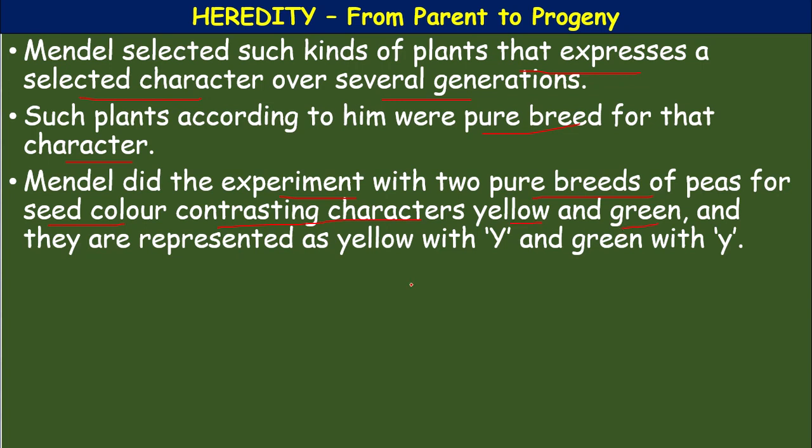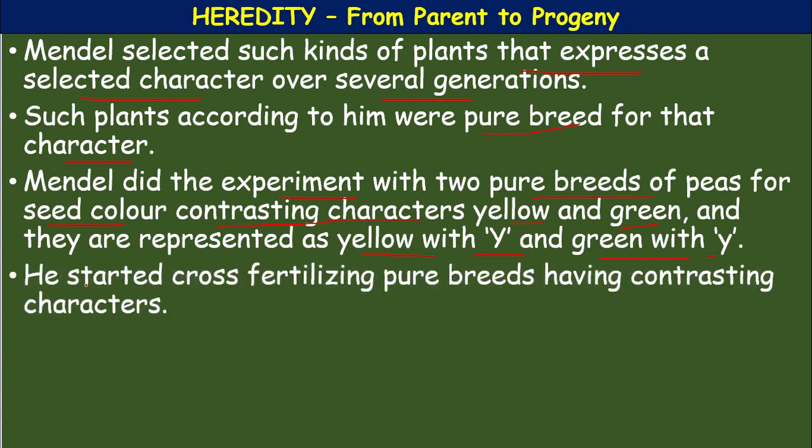They are represented as capital Y for yellow and small y for green. So, he started cross fertilizing, cross pollinating, the pure breeds having contrasting characters.